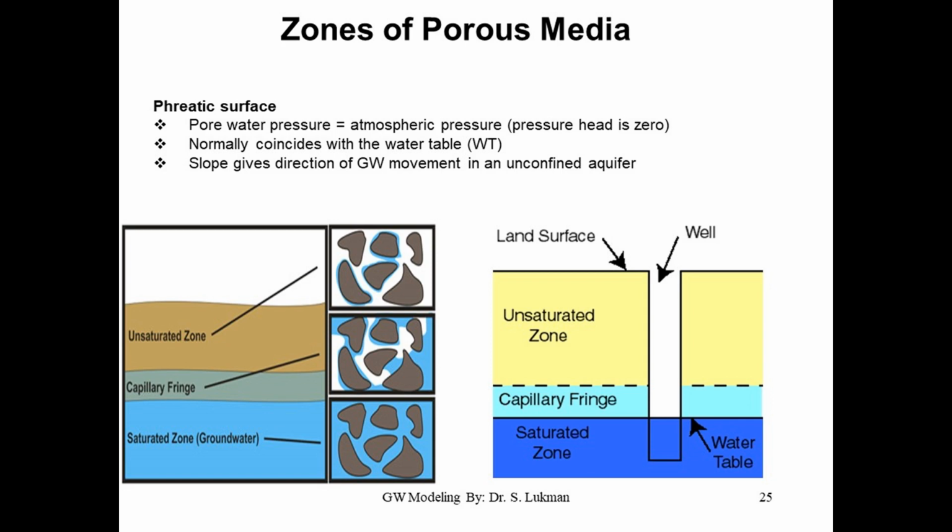For the capillary fringe, the voids are mostly filled with water, with some small amount of voids filled with air, and then the saturated zone is completely filled with water. Later on we are going to discuss the properties having to do with the voids, the porosity and so on.